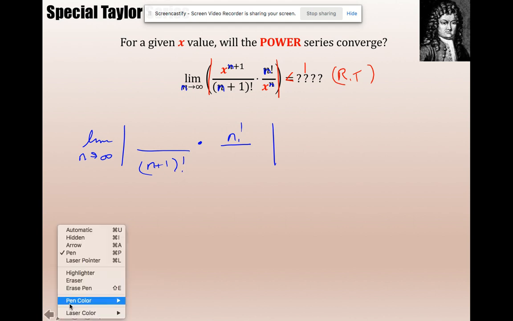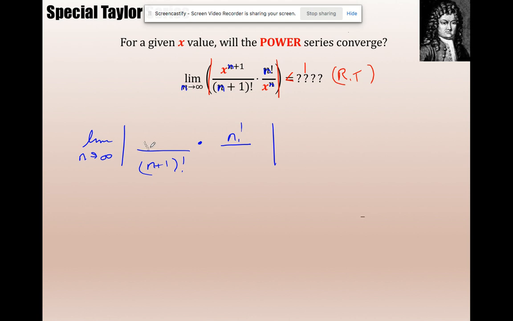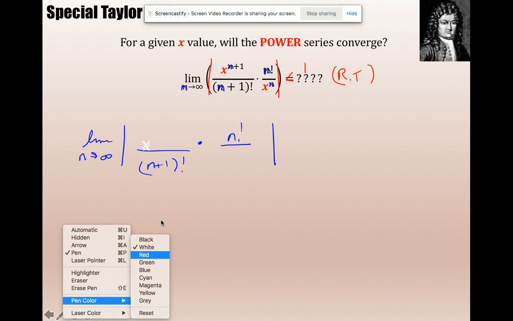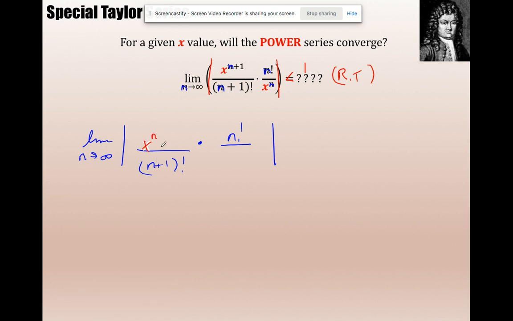But my x, I'm going to do this: x to the n times x to the 1 over x to the n. You're not shocked by that scenario, right? That happened with the numeric series. But now I just have an x to the first. And I'm going to be taking a limit as n approaches infinity and checking to see if this is less than 1. Well, let me remind you of some properties of limits we did way back.